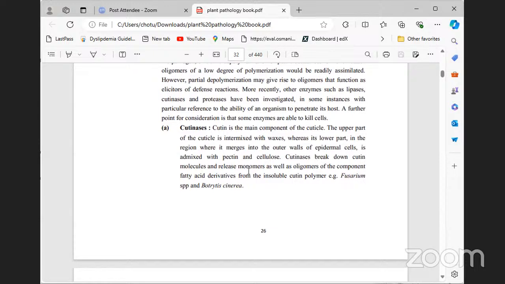Cutinase breaks down cutin molecules, releasing monomers as well as oligomers of fatty acid derivatives from the insoluble cuticle polymer. For example, Fusarium species and Botrytis cinerea are the best examples for cutinase.